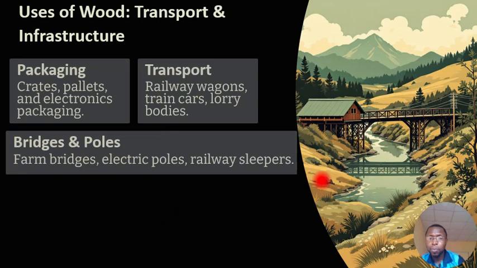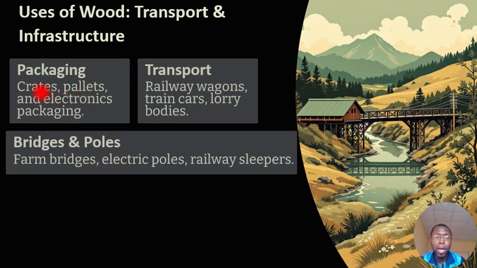All right, I will say that aside from housing, we can also use wood in transport and infrastructure. For example, we use wood in packaging. Have you ever seen a crate, maybe a crate of egg made up of wood, or a pallet, maybe a color pallet made up of wood? They exist.